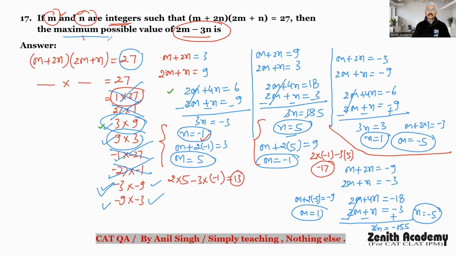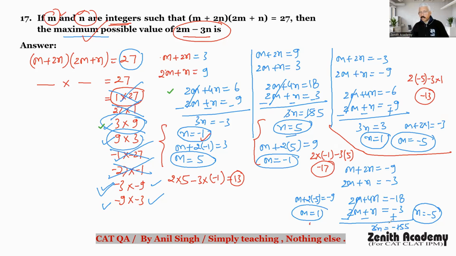So you have to find the maximum possible value. This is better than this, so cancel out this. And here it is 2 into m, m is minus 5, minus 3 into n is 1. Again, this is minus 10 minus 3, minus 13.